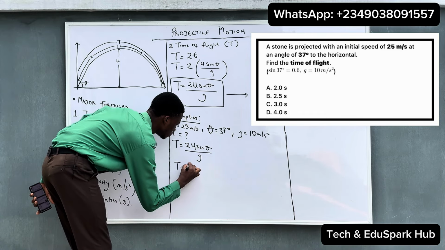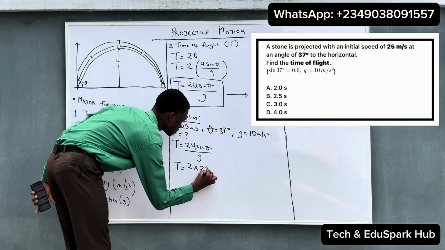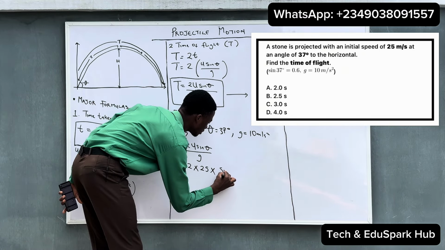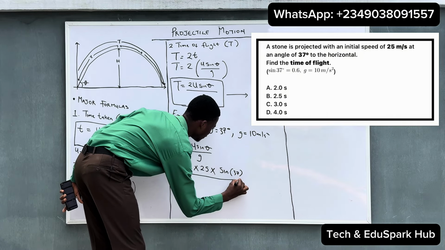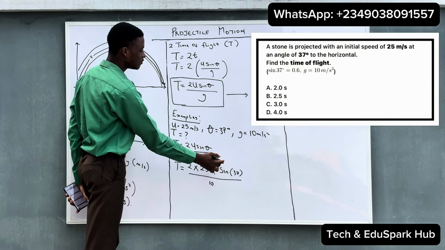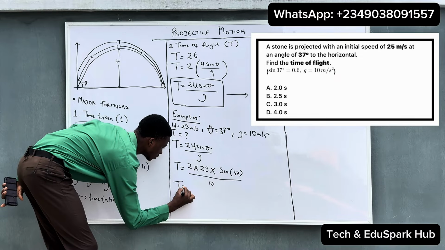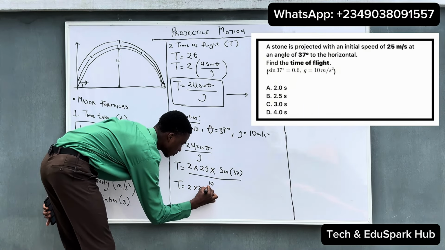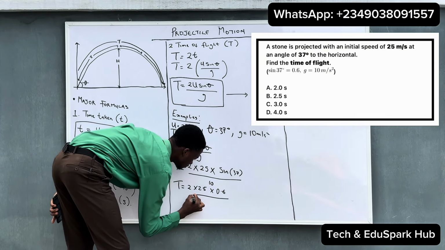So we have 2 multiplied by, what is our u? Our u is 25 meters per second. So we have 25 multiplied by, what is our angle? We have sine 37 divided by our gravity, which is 10. And from the question, we're given sine 37 to be equal to 0.6. So we have our T equal to 2 multiplied by 25 multiplied by 0.6 divided by 10.